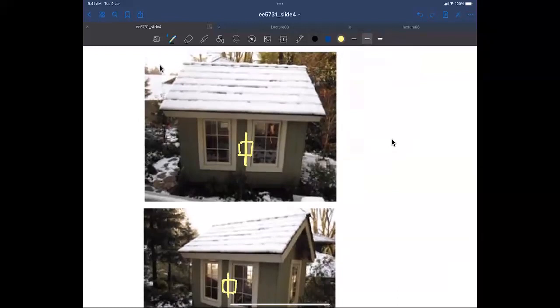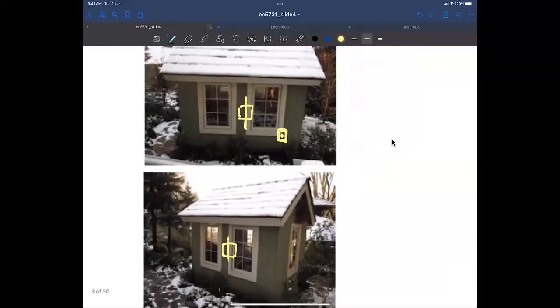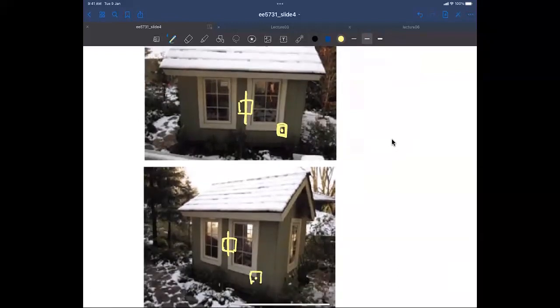But if you take corners and get the same kind of location here, it will be more robust. Although they're still different, not 100% the same, the corner's gradient orientation is more robust than the edge gradient orientation. Of course, the affine invariance here is up to a certain angle.